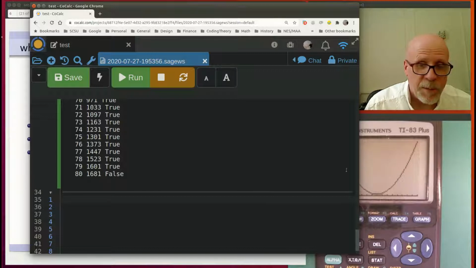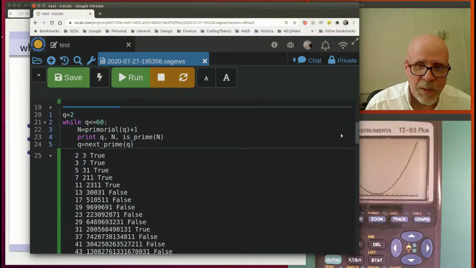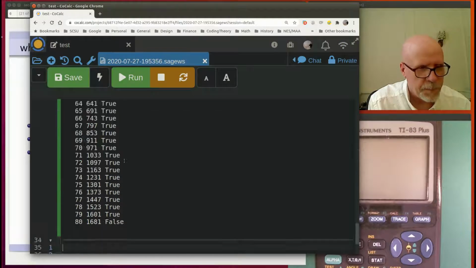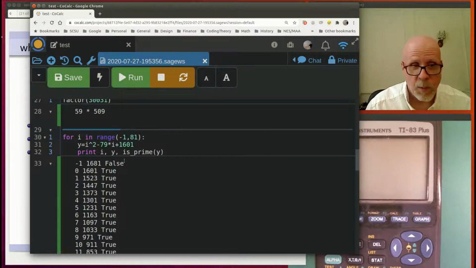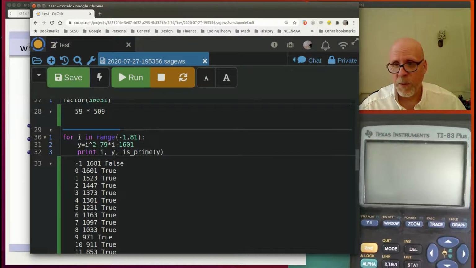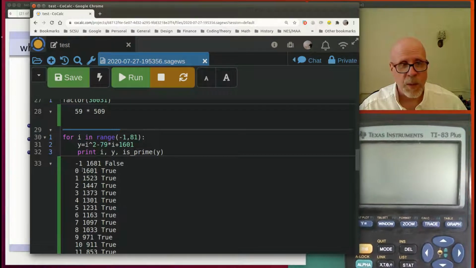In fact, you know what is an even quicker way to see that this is not prime all the time? Let's do the range from -1 up to 81. At -1, we'll also get 1681. So if I hadn't been trying to mislead you from the beginning, we might have seen the values at negative values. In fact, we might have seen that on our calculator when I was doing the stuff on the table mode on the calculator.